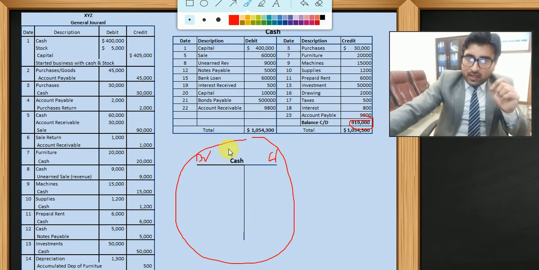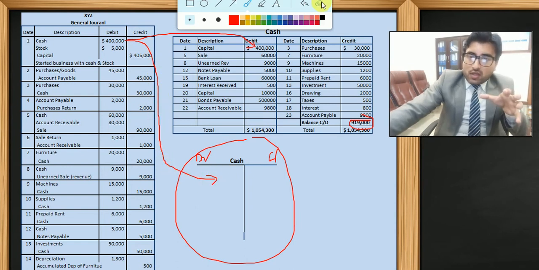Simply the value we have posted, for example cash $400,000 we posted here, and we have mentioned the description and the date in some other formats we have referenced. But here you need not have any additional information, just bring the value.